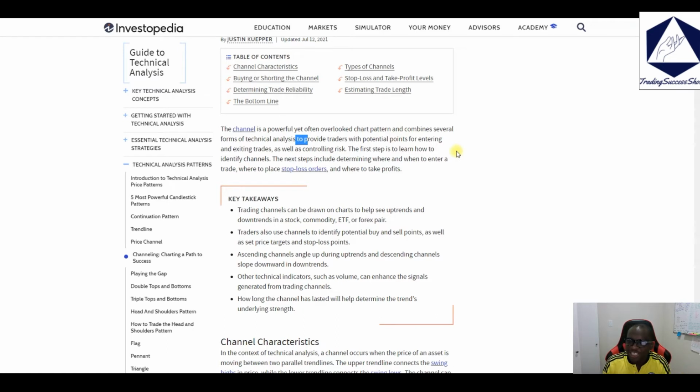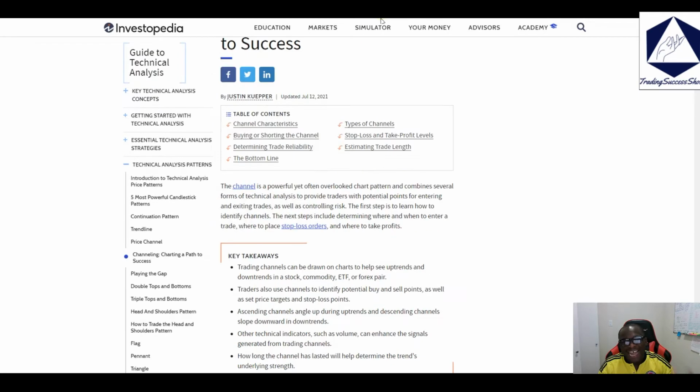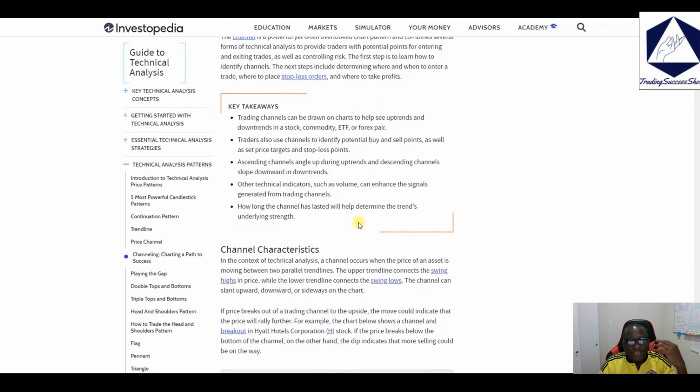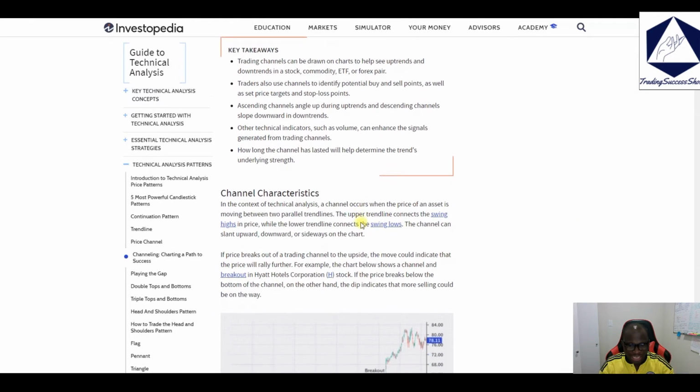How long the channel has lasted will help you determine the trend's underlying strength, including your volume and all that, right? Traders also use channels to identify potential buy and sell points, as well as set price targets and stop losses. With that being said, guys, that is the true definition of a channel.